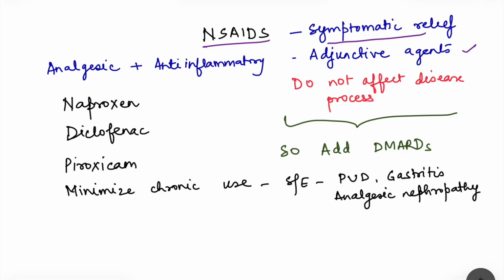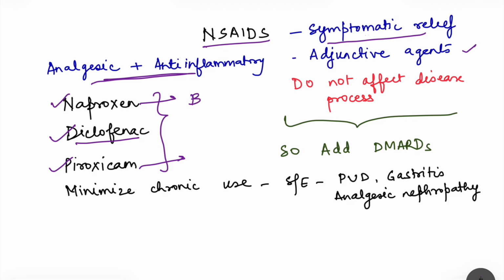They have analgesic plus anti-inflammatory action. And among these NSAIDs, the ones which are used for rheumatoid arthritis include naproxen, diclofenac, piroxicam. We have already seen that diclofenac is one of the most common drugs used for its anti-inflammatory action, and naproxen and piroxicam are used because they have a long duration of action.